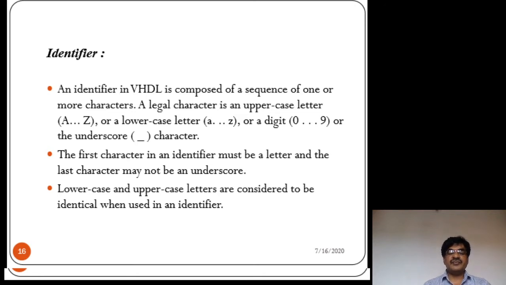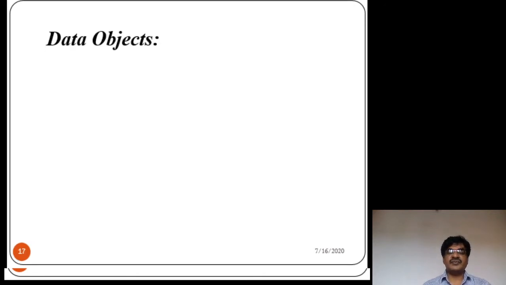Then coming to data objects. What does a data object mean? It holds a value of a specified type. Type means what kind of data, like integer data or character data.